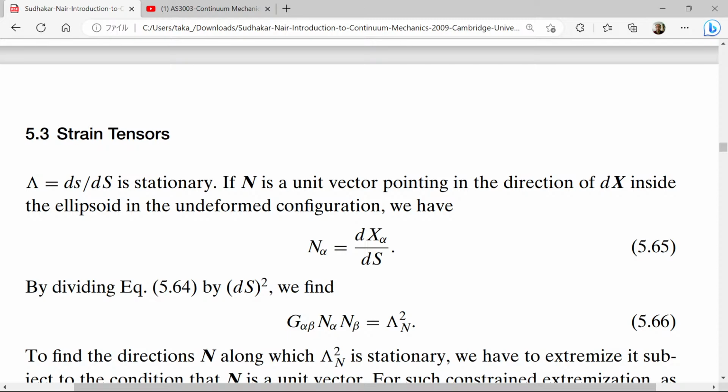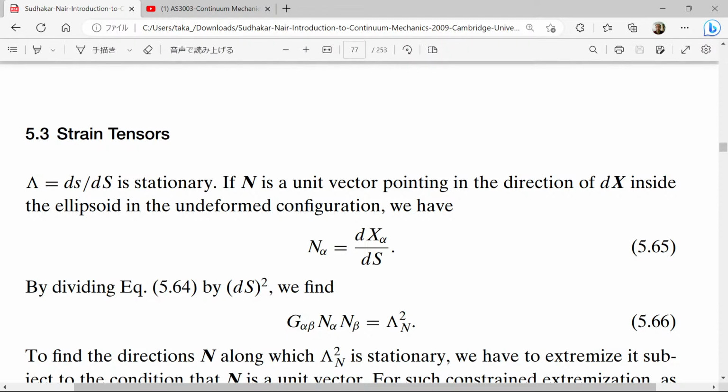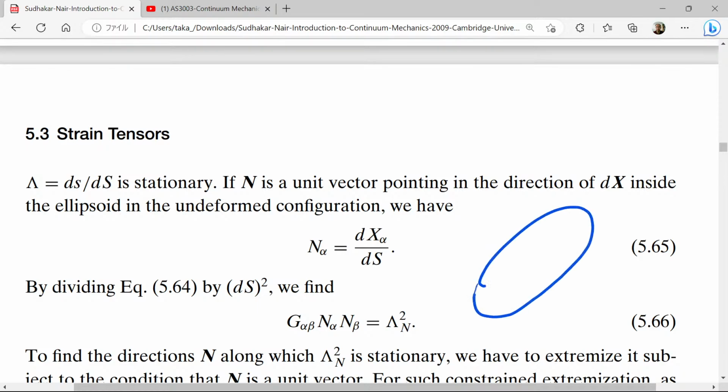Okay, so I think I explained it last time, but see, if you have an ellipsoid, something like this, this is the stretch here. In this direction, the stretch is stationary. Here, if this way, the stretch changes.